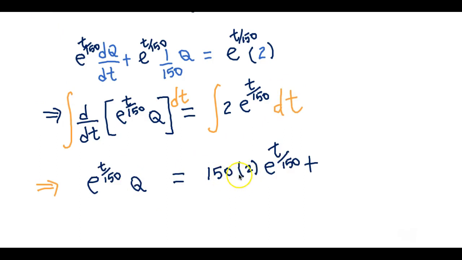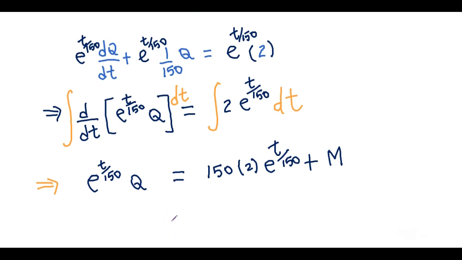That leads to the following expression: e to the t over 150 times Q equals 150, which comes out of using substitution or change of variables, 150 multiplying the existing coefficient of 2 times that exponential, and here we're going to write a constant M as the constant of integration.